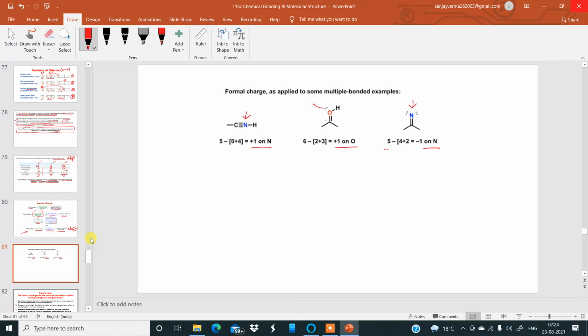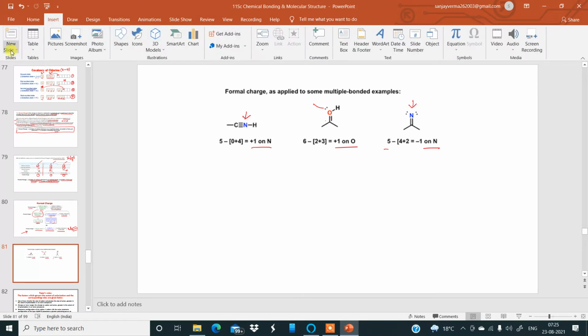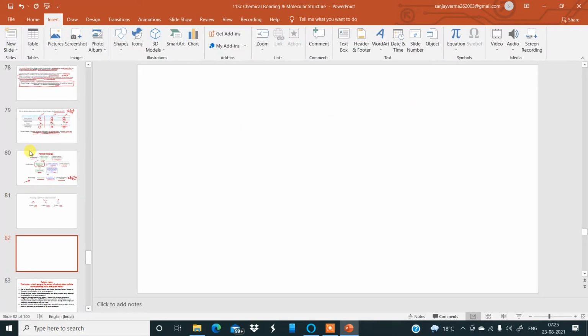Now let us take one more example to calculate the formal charge on the ozone molecule. I'll introduce one slide for that. Now O3 is ozone. O3 is the molecular formula of ozone. If you write down the structural formula of ozone, we can write it this way: oxygen, a double bond, oxygen, and a single bond over here, oxygen.